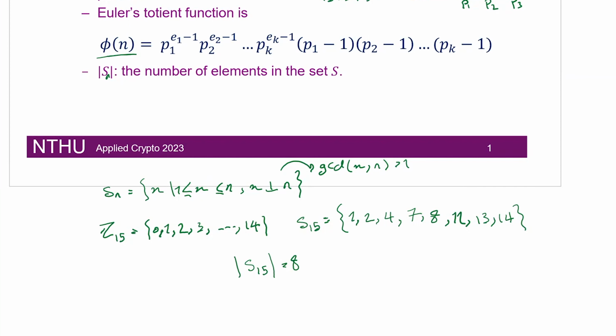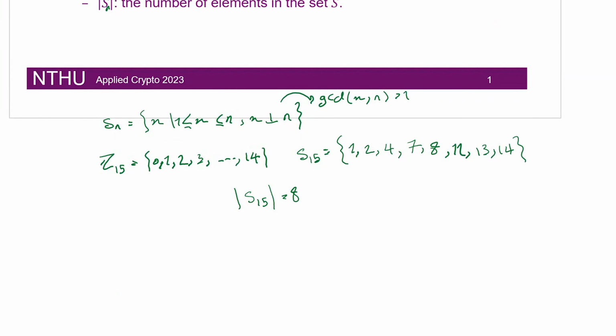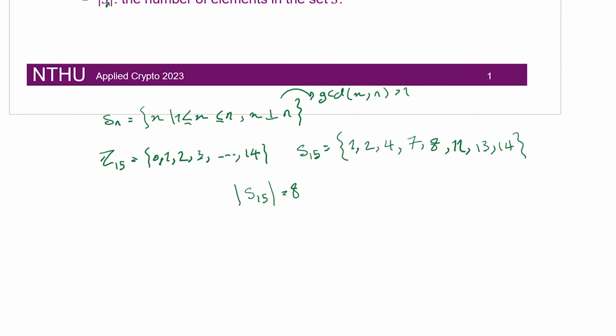So how does it work? Suppose we have the factorization of an integer. Then using this factorization, I can compute this phi function very quickly. Suppose, for example, I want to compute phi of 15. I know that 15 is 3 times 5, right?